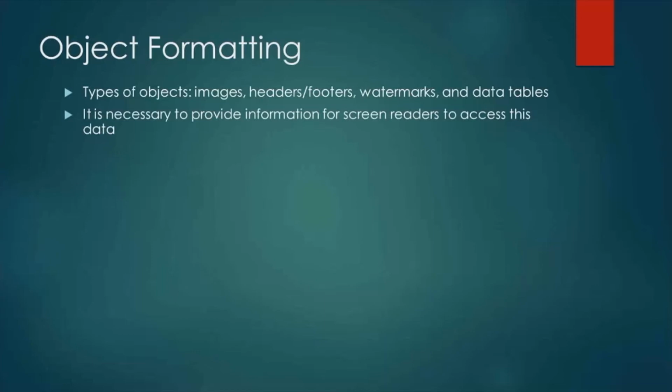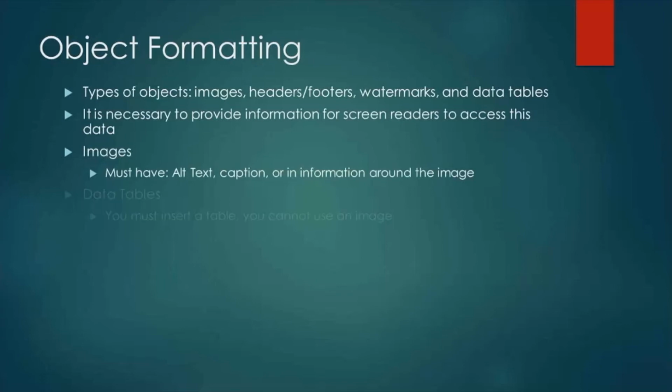So what that means for us is that, like for images, for example, all images must have some type of alternative text with it, a caption, or information around the image to help unlock what's in that image. If you've ever held your mouse over an image on the web and a small little yellow box pops up that says, man eating cotton candy, that's alternative text. And we can assign all of that within Microsoft Word. I'll show you how to do that in just a minute.